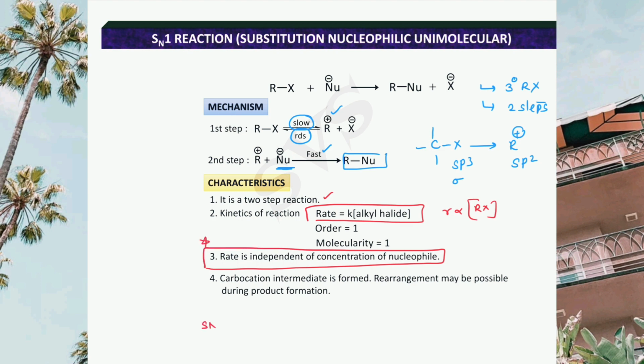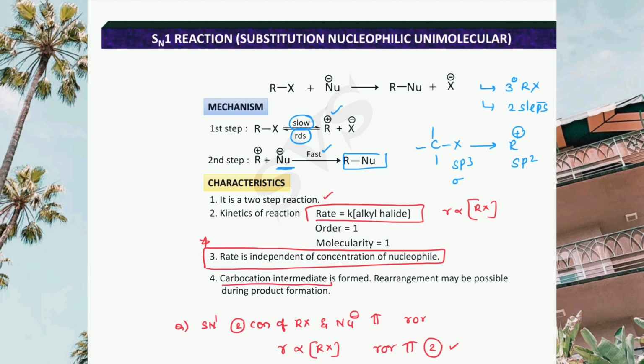If a question is framed like this: concentration of alkyl halide and nucleophile increased 2 times, rate of reaction is? Already I told you the rate is directly proportional to only the concentration of alkyl halide. Therefore, when concentration is increased 2 times, the rate of reaction also increases by only 2 times. So it does not depend on the concentration of nucleophile.